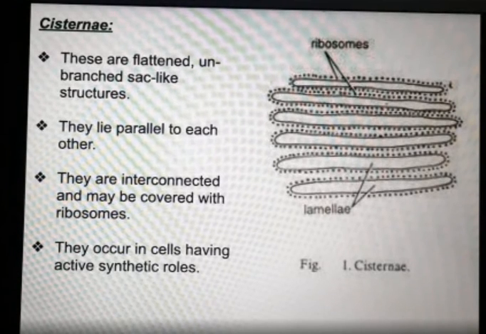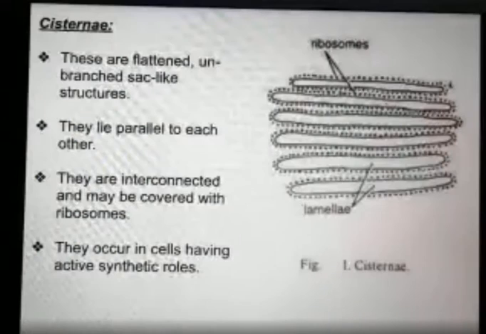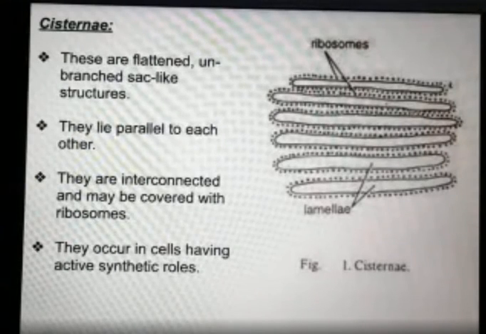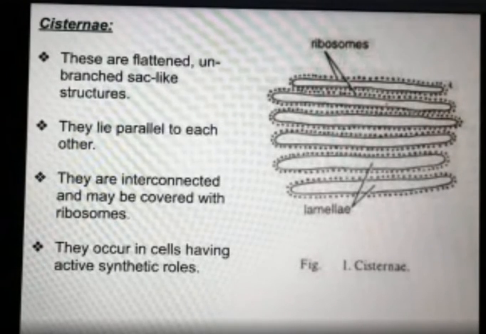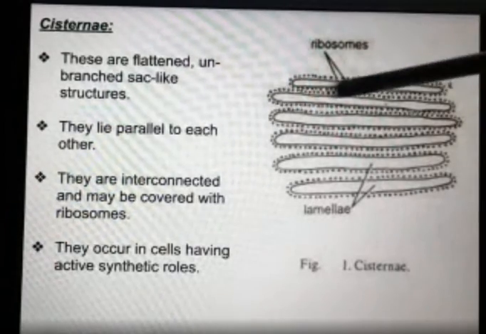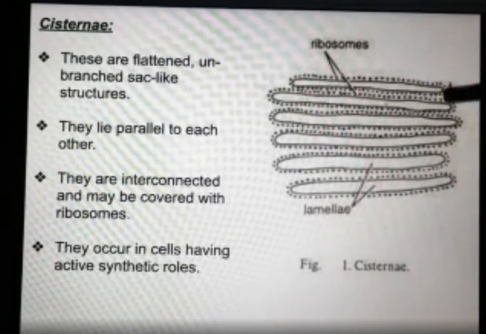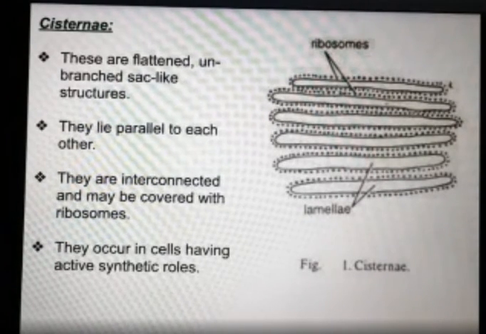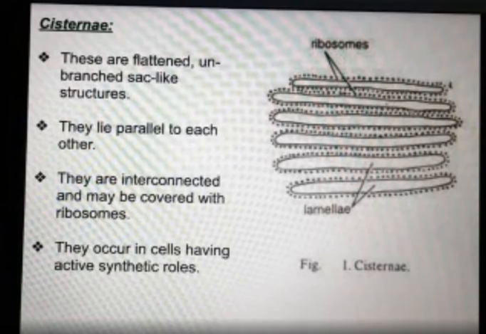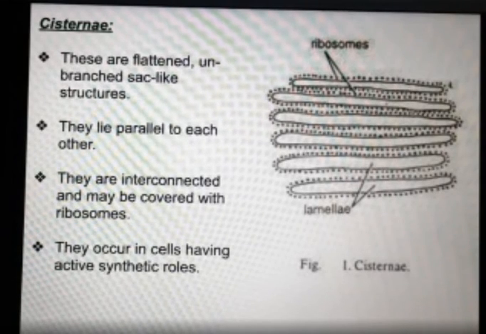If we consider the cisternae, these are flattened, unbranched sac-like structures. Flattened structures were there, and on them different dot-like structures were present. They were called ribosomes. They lie parallel to each other.